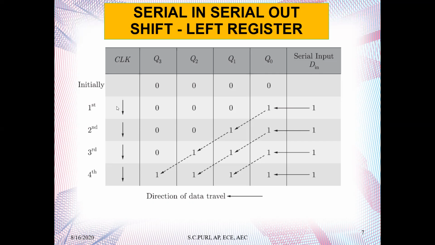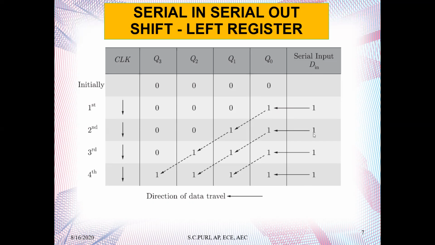That happens in the first clock, which is negative edge triggered. In the second clock, what will happen? Because my input is actually 1111, I want to store 1111, and it is going left. So in the first clock, I am able to store 1 in the first flip-flop.